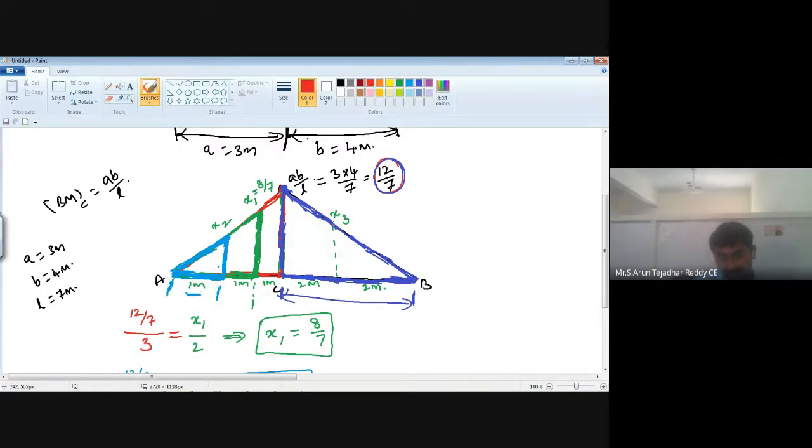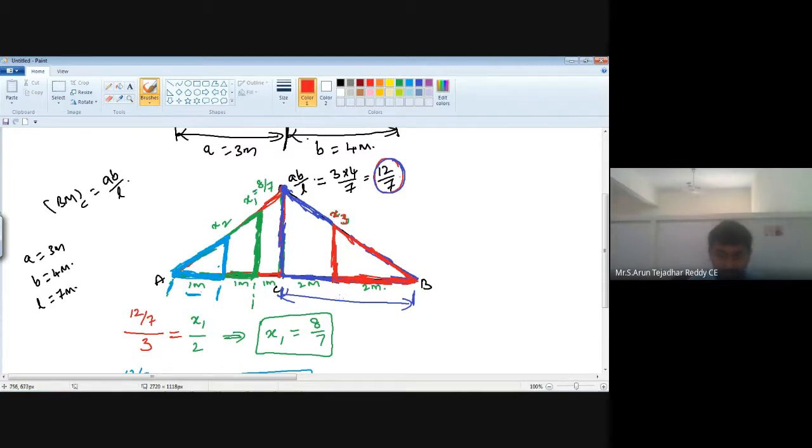Now observe, at x3 create one triangle, this red color. This completely red color. Okay, now in this red color diagram our perpendicular is x3.